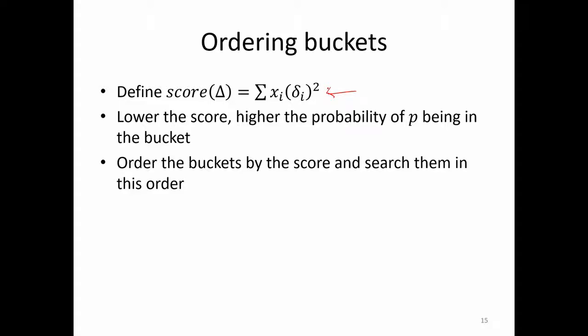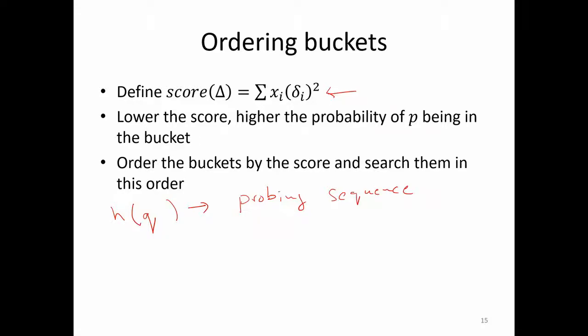So your score function for a given delta, just to summarize what is happening here: you have a query point Q. This Q is falling into a bucket H of Q. You want a probing sequence, or a sequence of probing buckets.